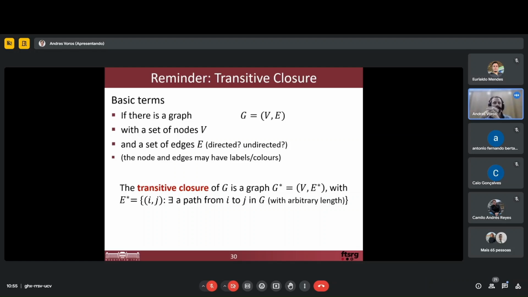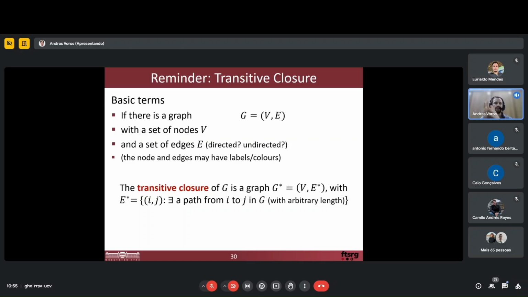And what we are going to use, and it's a very important concept in graphs, and also whenever you use a systems engineering model, is the transitive closure.